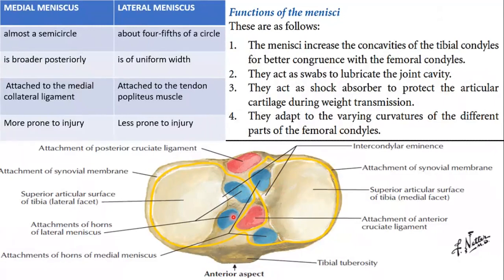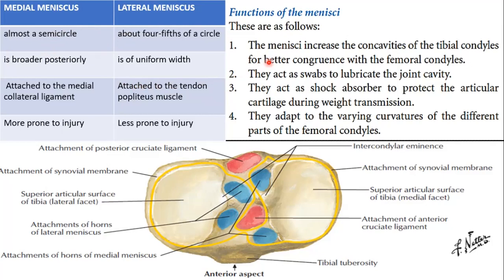Then the anterior horn of the lateral meniscus is lying behind the attachment of the anterior cruciate ligament. Then you can see the differences here. Please look at them.